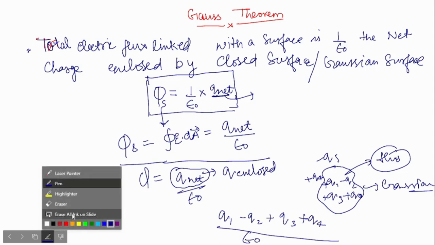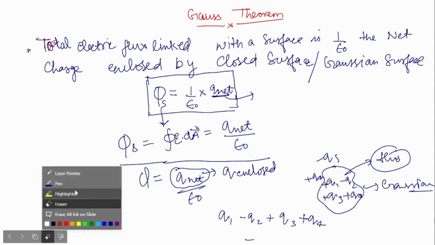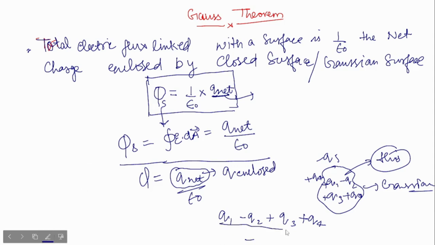This will give the electric flux. Here we don't need to think about the outer charges. This will be the flux linked through this Gaussian surface.